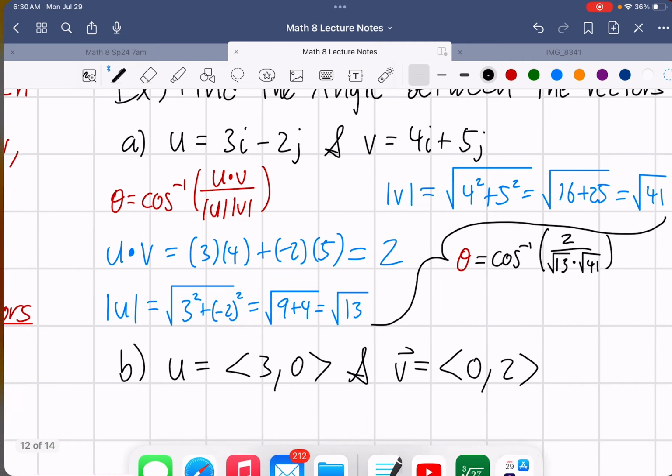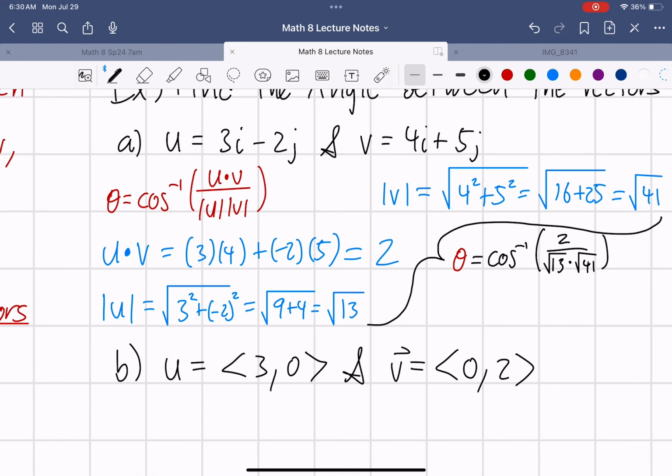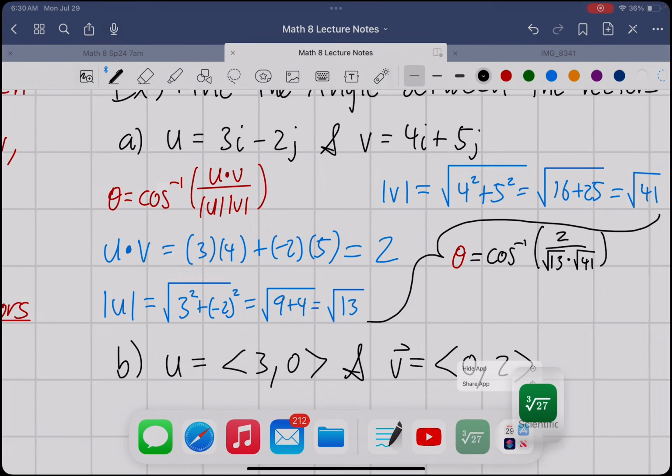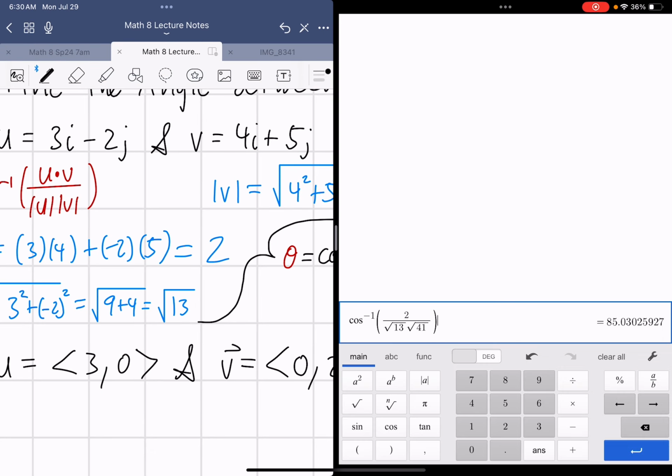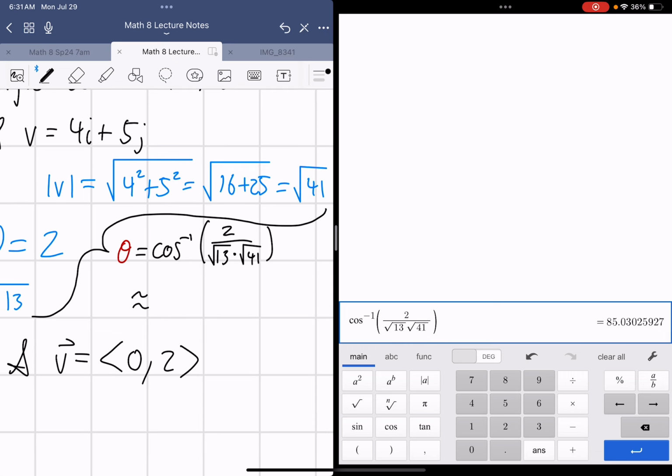And for the sake of time, I already have that calculation here. So plugging it into a calculator, make sure you do it correctly. You have to be careful with order of operations. But since we are looking for an angle, we're not looking for a radian. I put my equation in terms of degrees. And this is approximately 85 degrees. That is the angle between these two vectors.